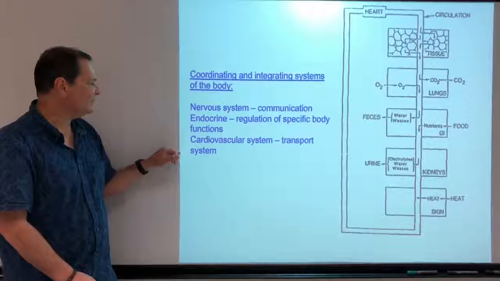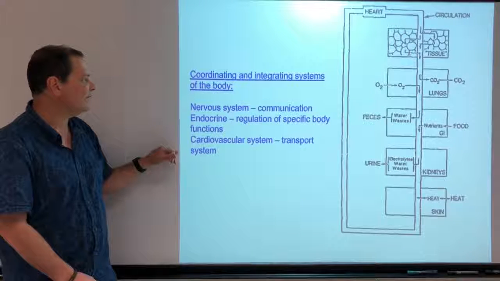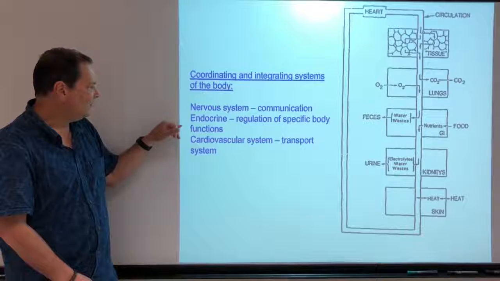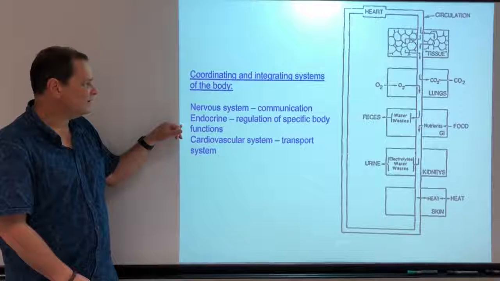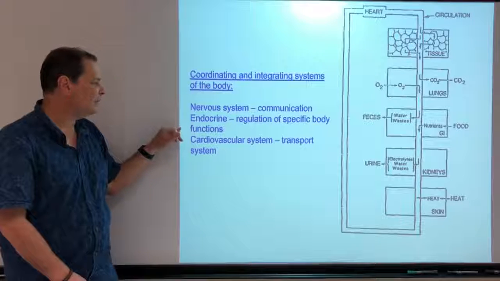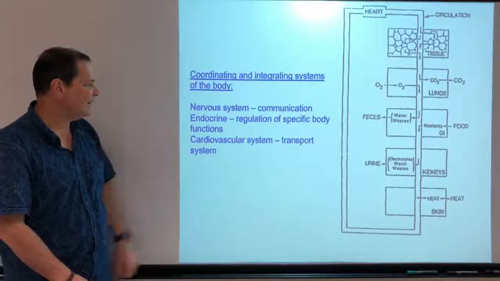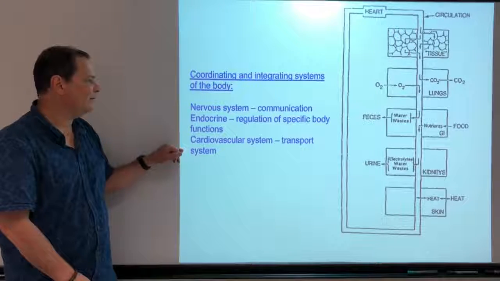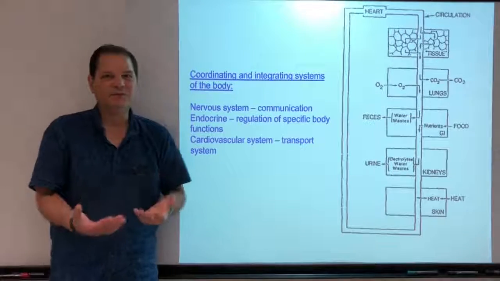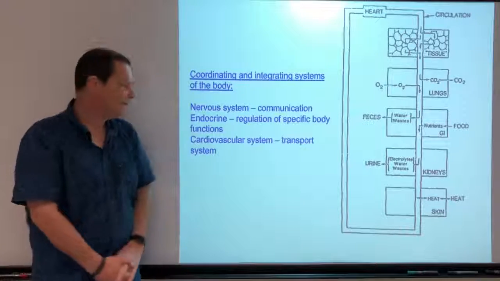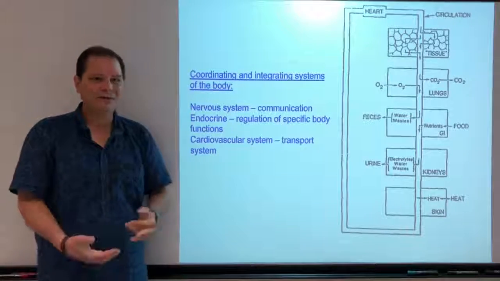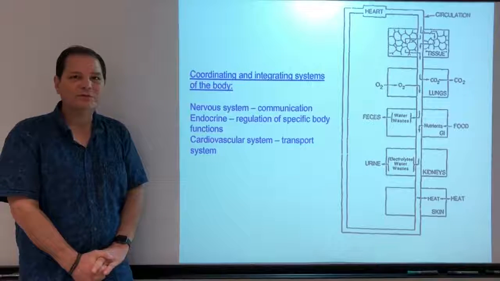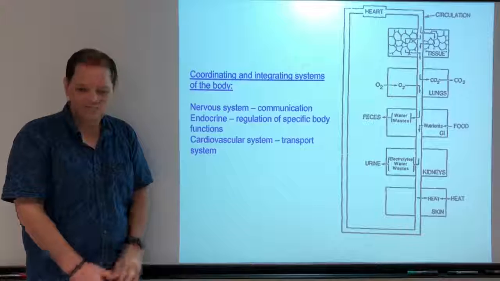The cardiovascular system is the transport system, and it's largely involved in the endocrine functions as well, in that many of the hormones that are secreted make their way into the blood. But it's also a coordinating and integrating system in that, because the blood flows pretty much everywhere, it can easily carry signals and transport molecules from one place to another within the body.